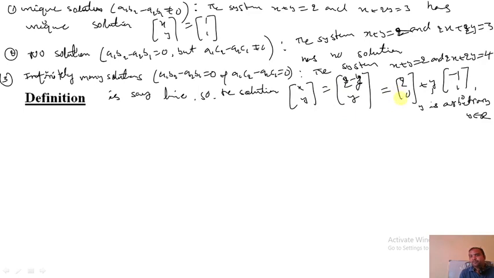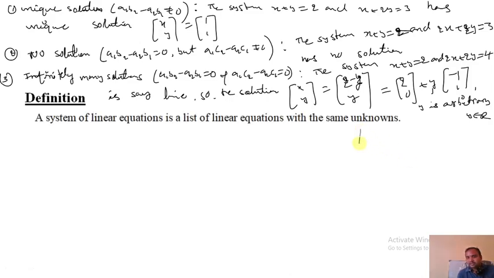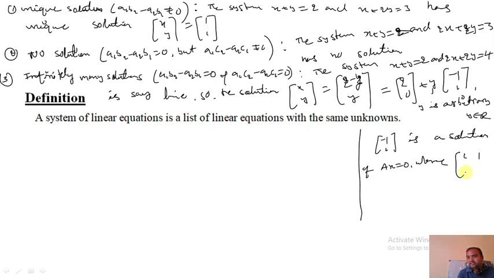Now observe here, this (2, 0) is a solution of the system. Now observe this (minus 1, 1). I'm explaining this. The (minus 1, 1) is a solution of Ax equal to 0, where A is 1 1 2 2.